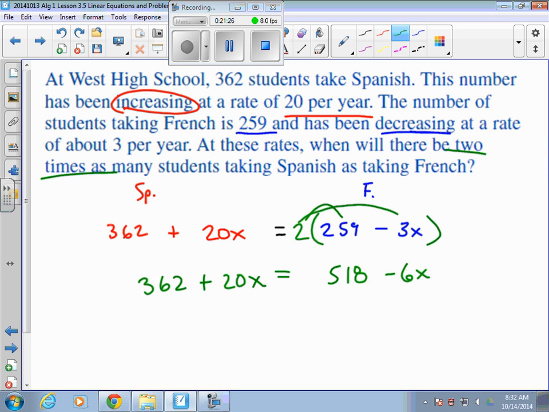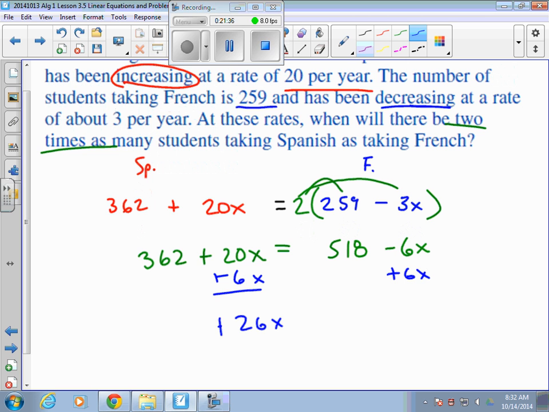So right here, even though they got big numbers, it's a simple equation for you. Add 6x to both sides. You get 26x on the left plus 362 equals 518, and subtract 362 on both sides.